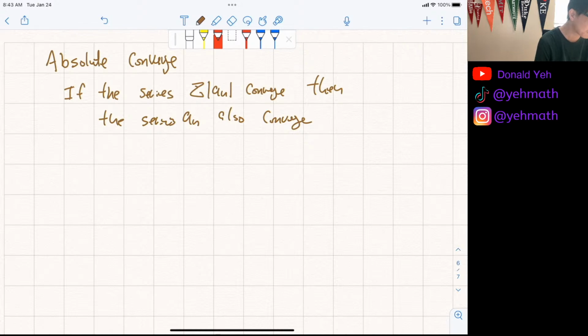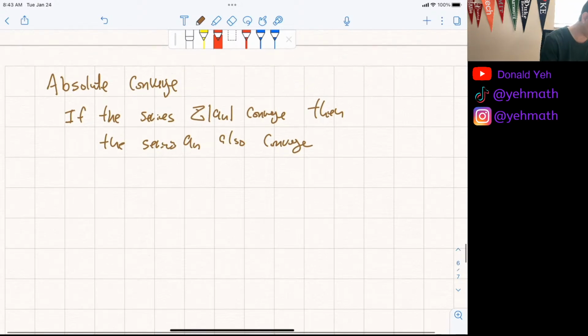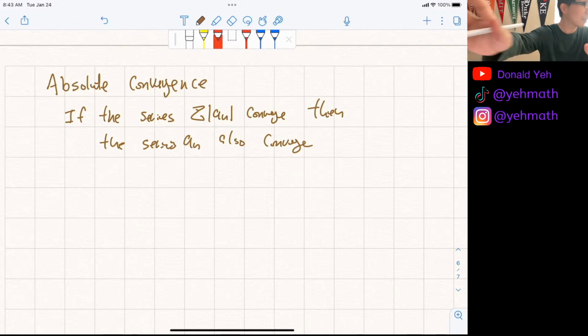This is called absolute convergence. So if you take the absolute value, and it converges, then the series also converges.